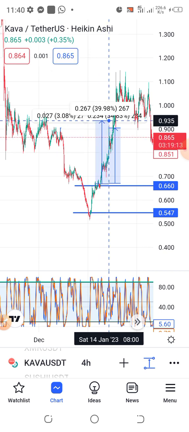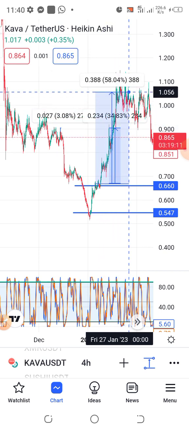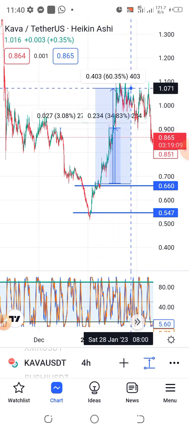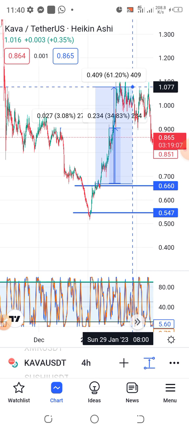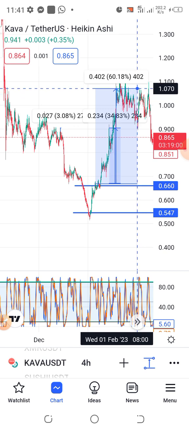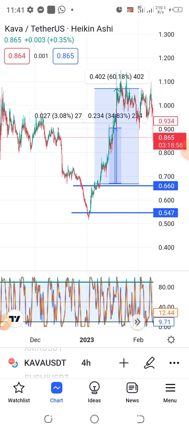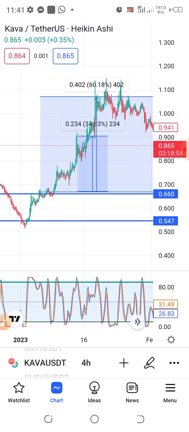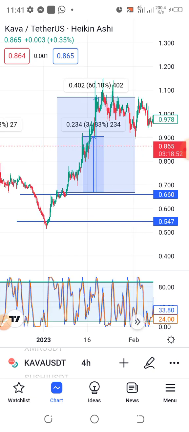So you determine the previous high, it is where you choose your take profit, and then you're good to go. All right, so that is it. That is how you trade a pin bar. Allow me to also choose another trade, choose another coin, so that we can see how it performs.